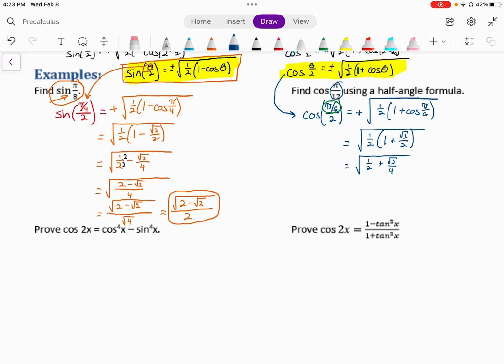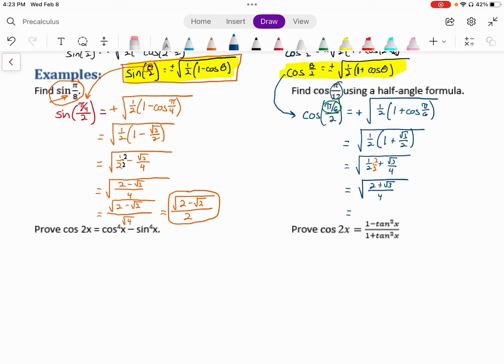So that's root 3 over 4. We're going to get a common denominator. So we need to multiply by 2 over 2. So we have the square root of 2 plus root 3 all over 4.